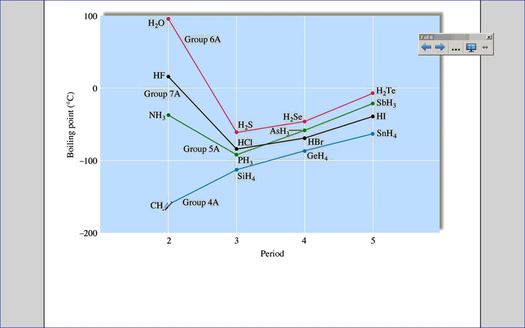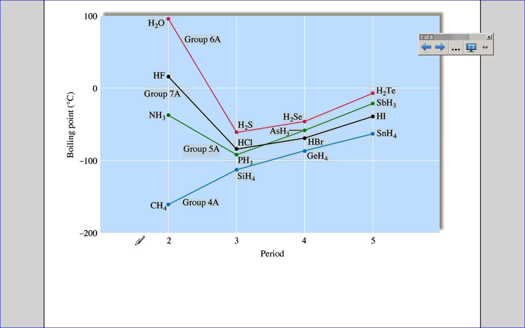So you can see that these are all the hydrides of the compounds in group 4. So they're going to have a similar structure. These are all going to be tetrahedral molecules. And what you can see is as we go down the group, we increase the boiling point relatively steadily.